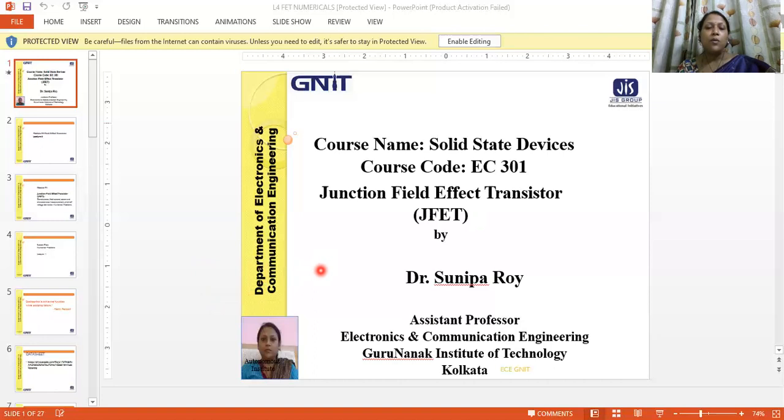So this positive should be connected to negative, otherwise it won't be reverse biased. So gate negative means gate is N, and if gate is of N type, then the channel should be of P type. So this is a P channel JFET.